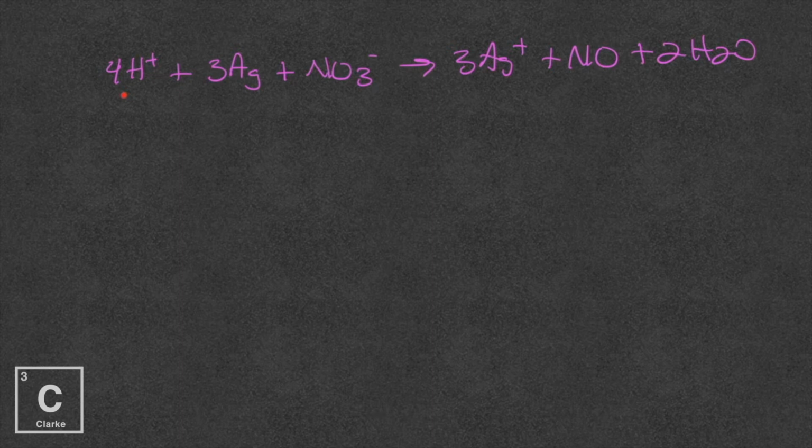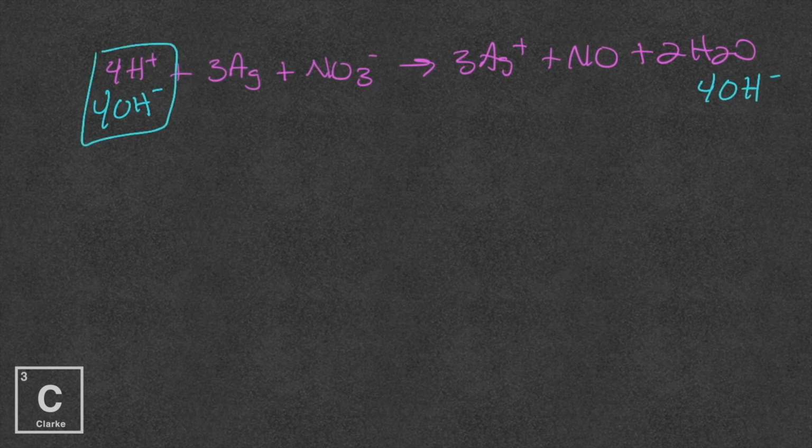OH, hydroxide, means basic. So since we have 4 hydrogen ions, we're going to add 4 hydroxide ions to both sides. Remember, what you do to one side, you have to do to both sides. Now, when you add 4 H's and 4 OH's, remember water, H2O, that's just HOH. So 4 H's and 4 OH's are going to combine to make 4 waters.